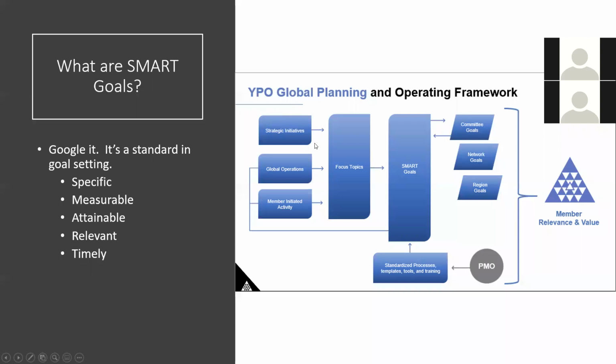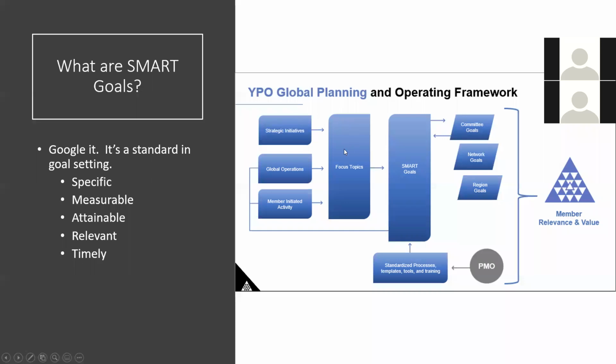The SMART goals that are due now are the strategic initiatives. These are put together by the strategy committee and senior leadership. So you have these strategic initiatives. You may know them as the 10 transformational initiatives, or you may know them as the 4 strategic initiatives. But essentially, we've got these goals that are created by senior leadership.